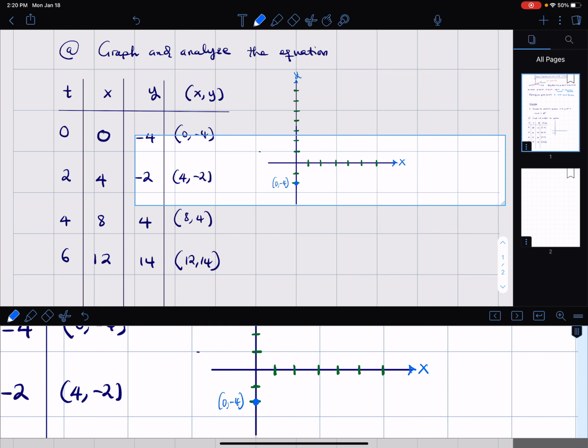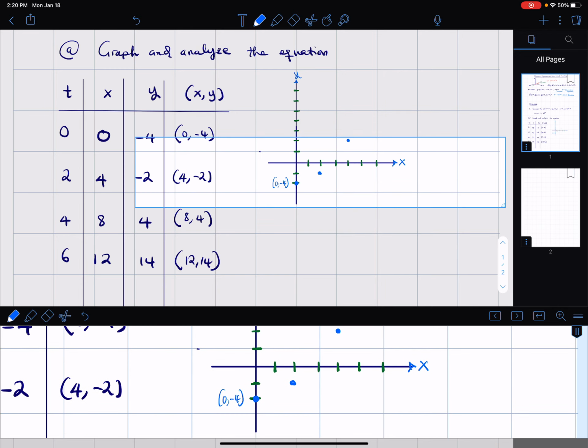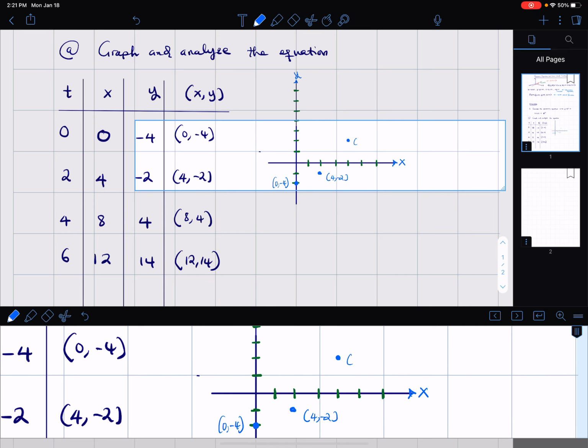When t is 2, x is 4 and y is negative 2. So this is 4 and negative 2. And when t is 4, x is 8 and y is 4. That is 8 and 4. All right.